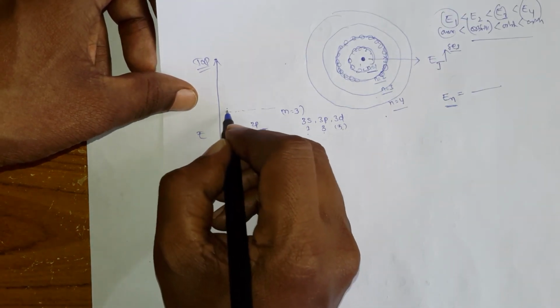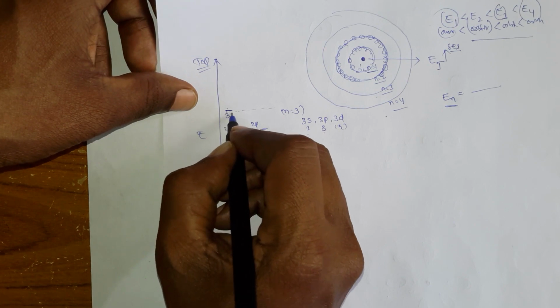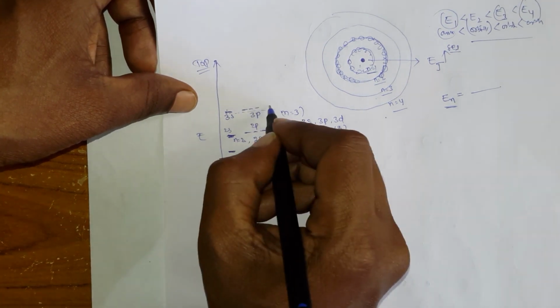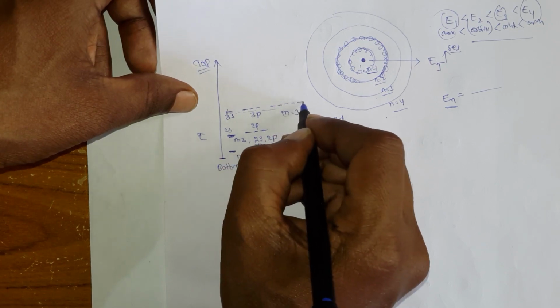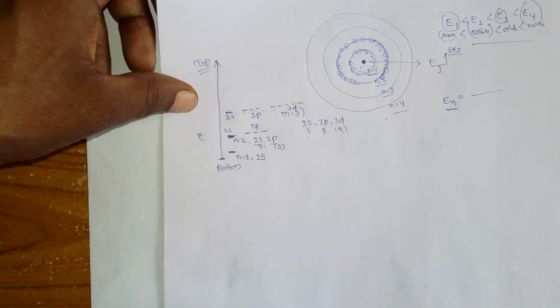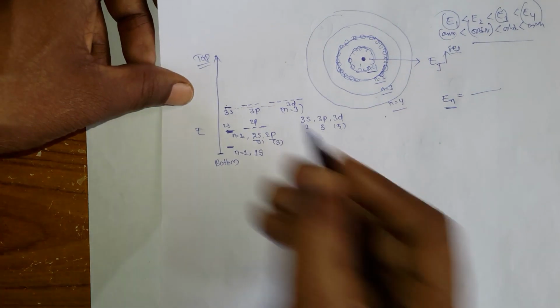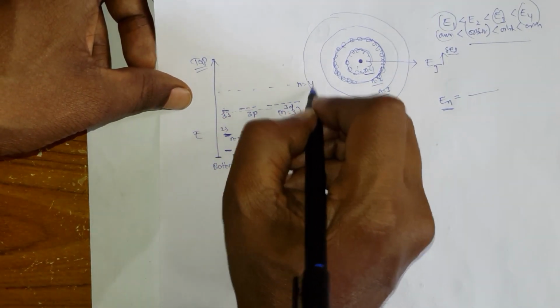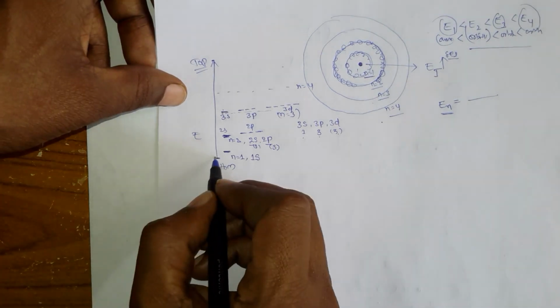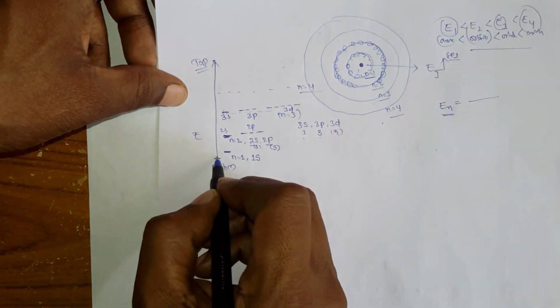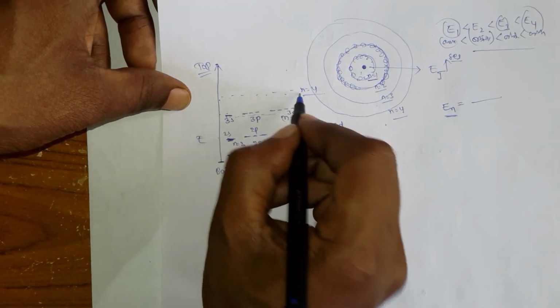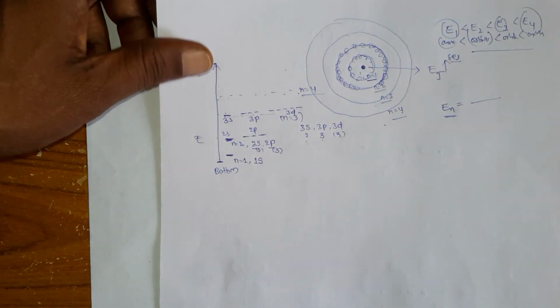So here it is 3s, 3p and 3d. Next, you assume it is n equal to 4. That means with increasing n value, the energy of that particular orbital is also increasing.